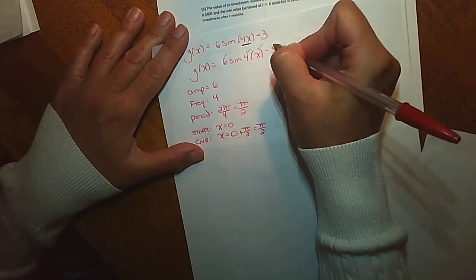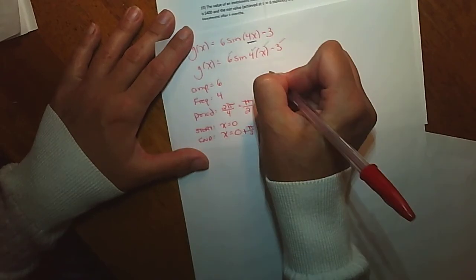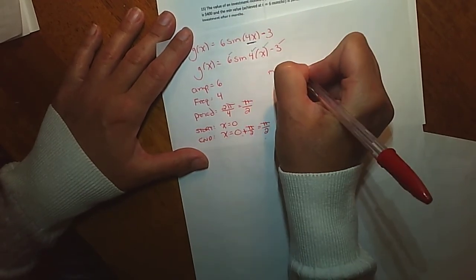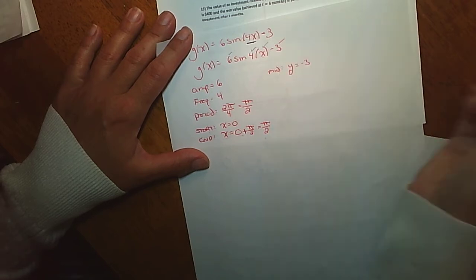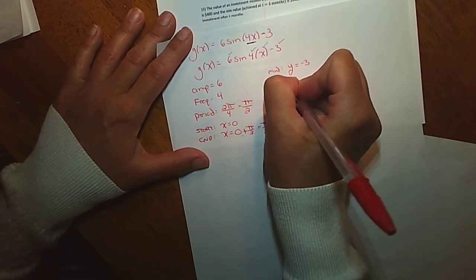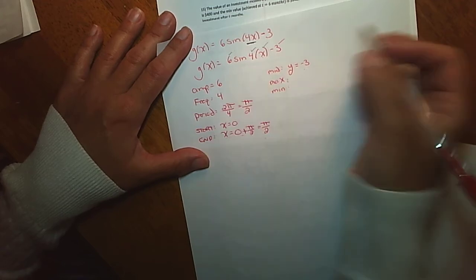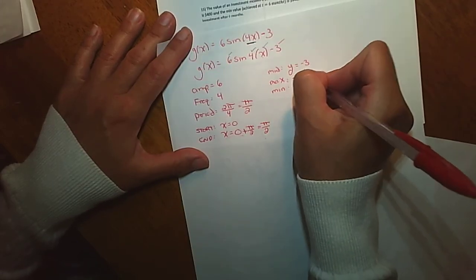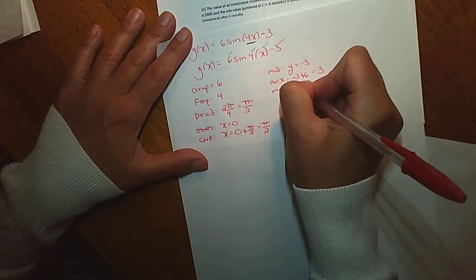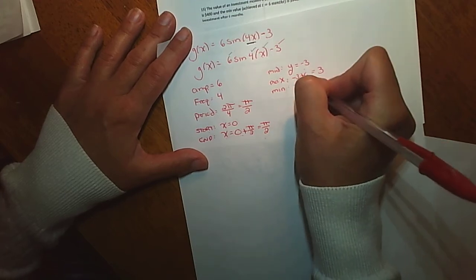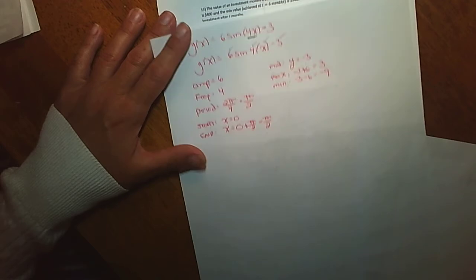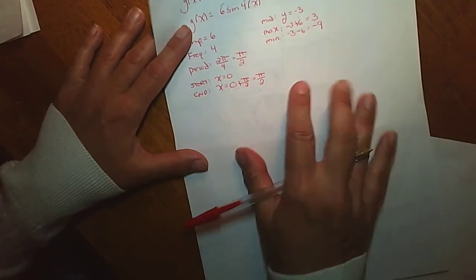And finally, the number on the end gives me the midline. So the midline is going to be y equals -3. And that will help us get the max and the min by combining this guy with the amplitude. So -3 plus 6 makes 3. -3 minus 6 is -9. Now I have enough information to graph it.